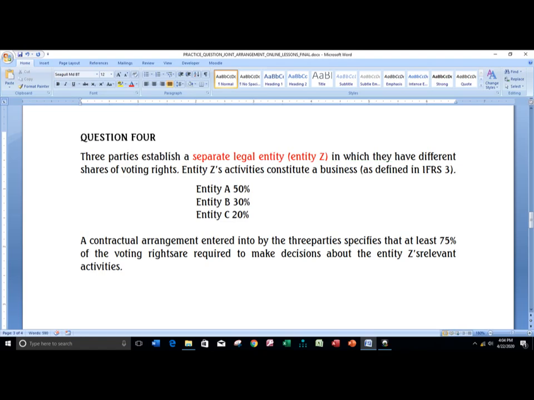Is it a joint operation? Is it a joint arrangement? We never can tell. In which they have different shares of voting rights. Entity Z's activity constitutes a business as defined in IFRS 3.